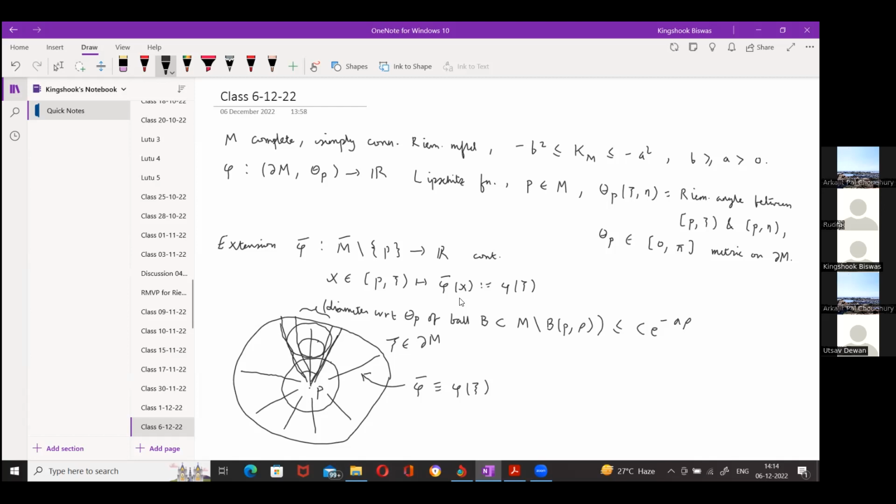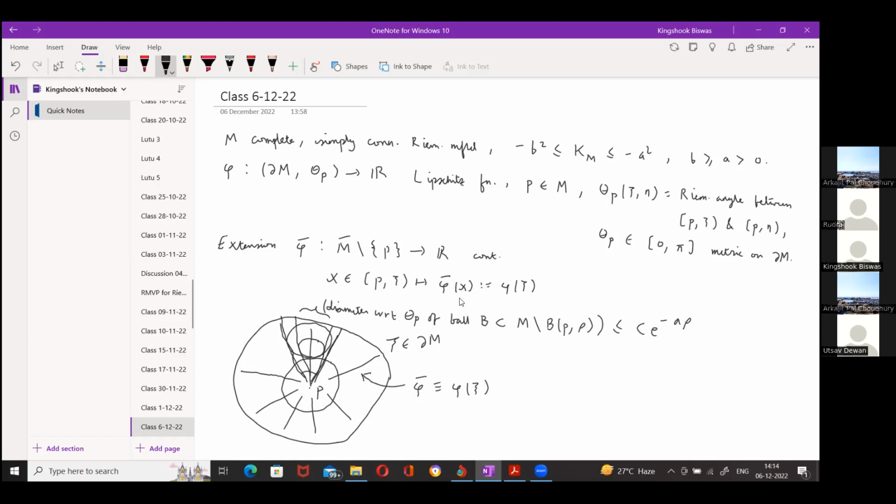So this angle here will be less than a constant times e to the minus a rho. And this one can prove using the hyperbolic law of cosines and using the fact that Riemannian angles are smaller than comparison angles, right? Is this okay? So we did this last time.